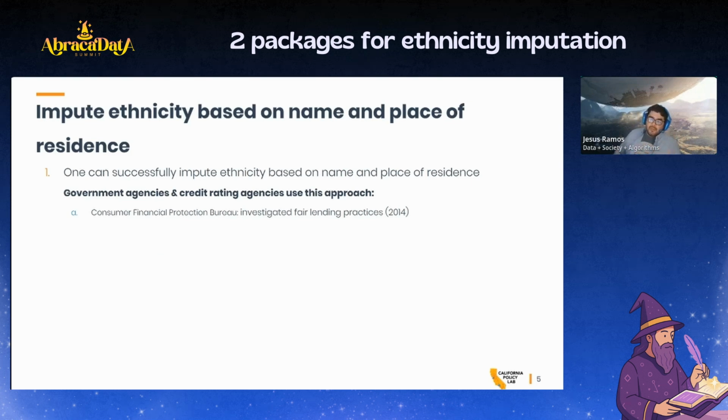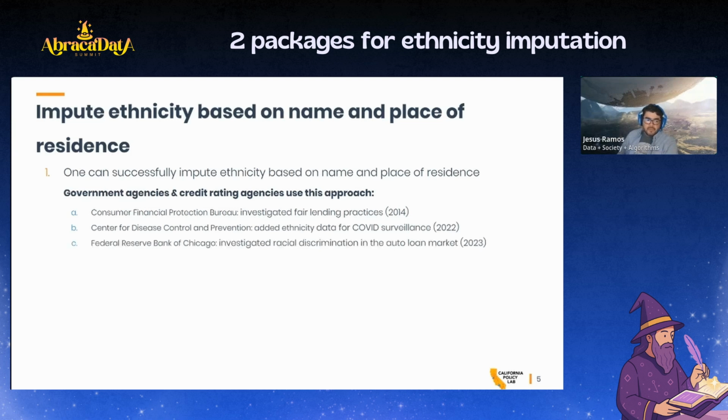So they had to impute their ethnicities in order to investigate the inequitable lending practices that were seen in 2014. The Centers for Disease Control and Prevention added ethnicity data for COVID surveillance. Again, as data was being collected by private entities, these entities are not allowed to collect ethnicities, so the CDC had to impute them once the data arrived onto their infrastructure.